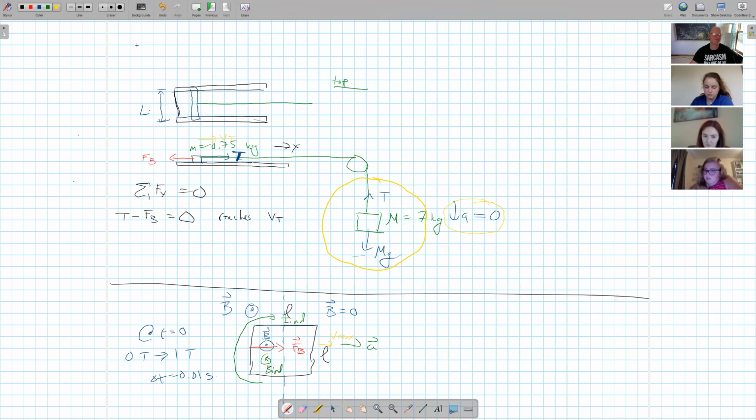Go back to 175 there for a second. How are we just making that assumption? No, that comes from the sum of the forces, right? If the acceleration is equal to 0, that means the sum of the forces is equal to 0. I meant, does it say that the acceleration is 0? Well, that's just the definition of terminal velocity. So it has to have 0 acceleration for terminal velocity.